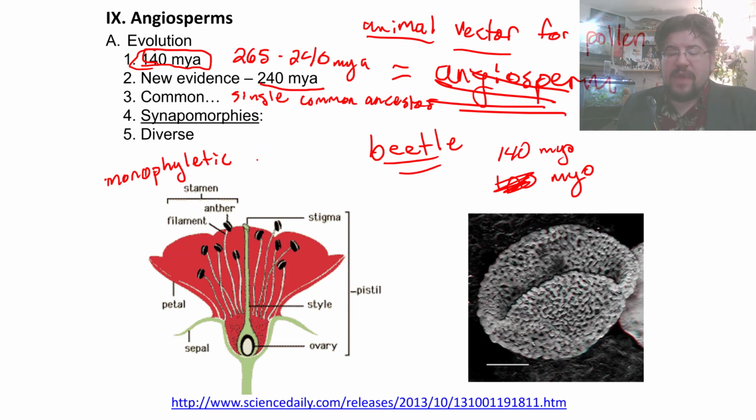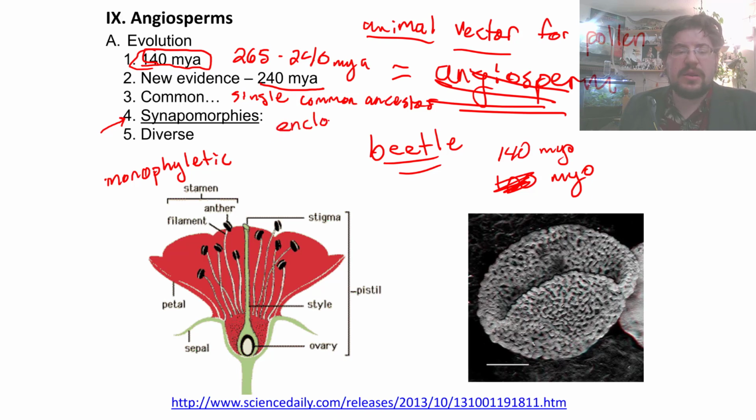There are a variety of shared derived features, synapomorphies, right, that are unique to angiosperms. So what divides, right? The shared derived features that differentiate angiosperms from gymnosperms.